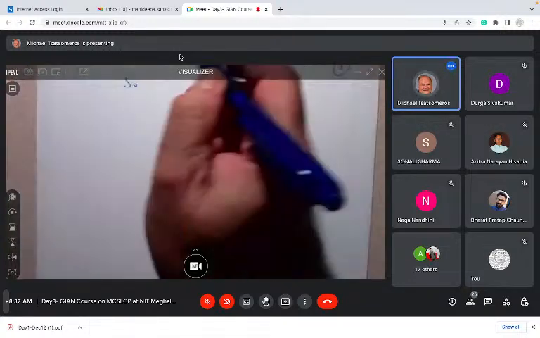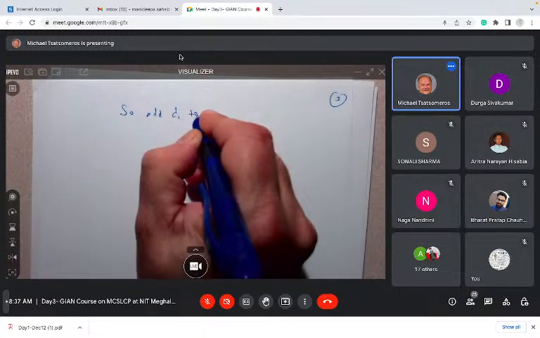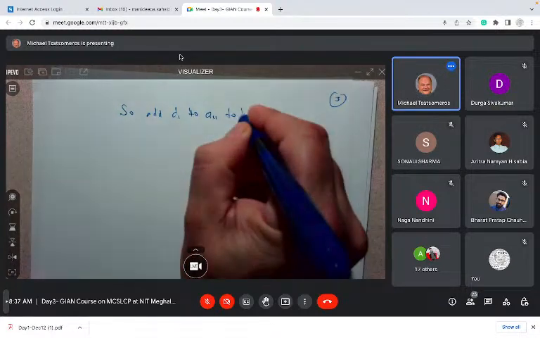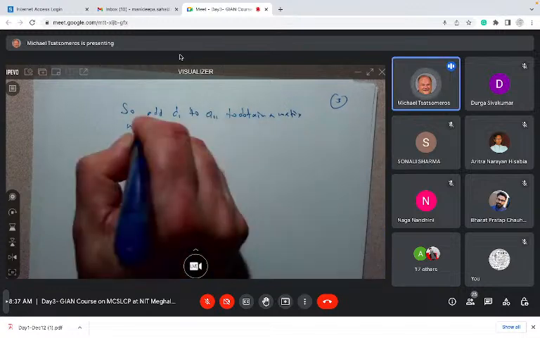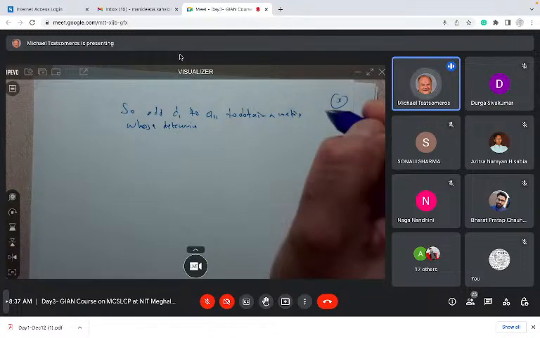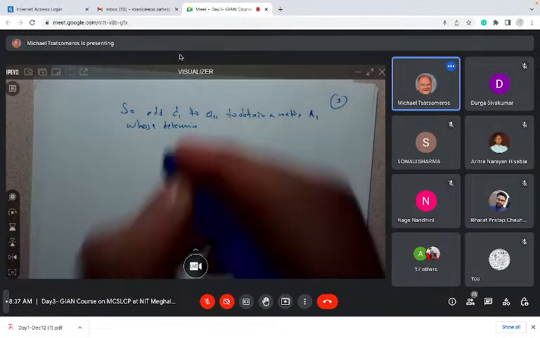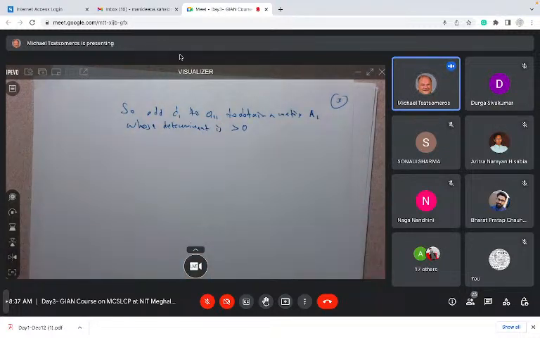So add D1 to A11 to obtain a matrix, let me call it A sub 1, whose determinant is now positive, because you increase the determinant by adding D1. Okay?